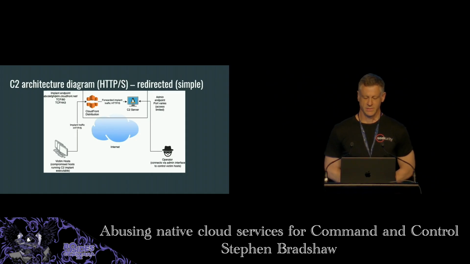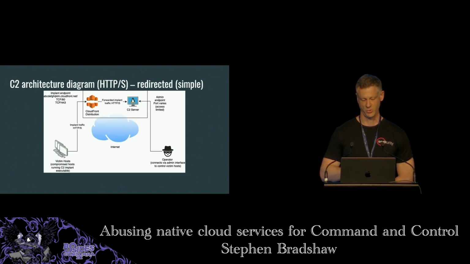So here is a modified architecture diagram where we're actually using one of these high reputation redirectors. In this case, what we're using is a CloudFront distribution, and instead of connecting to evil.com, our victim hosts are now connecting to a bunch of random characters.cloudfront.net. So this design solves a lot of the problems that I just mentioned with C2 designs that are too simple.